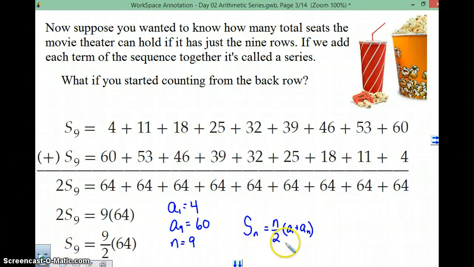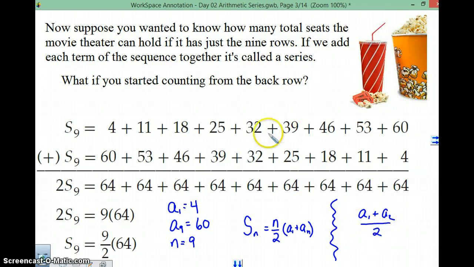Think of it this way. Here's another way of thinking of it. If you wanted to find the sum of this top, what you could do is say, what's the average of the first term and the last term? Well, the average is a sub 1 plus a sub n over 2.